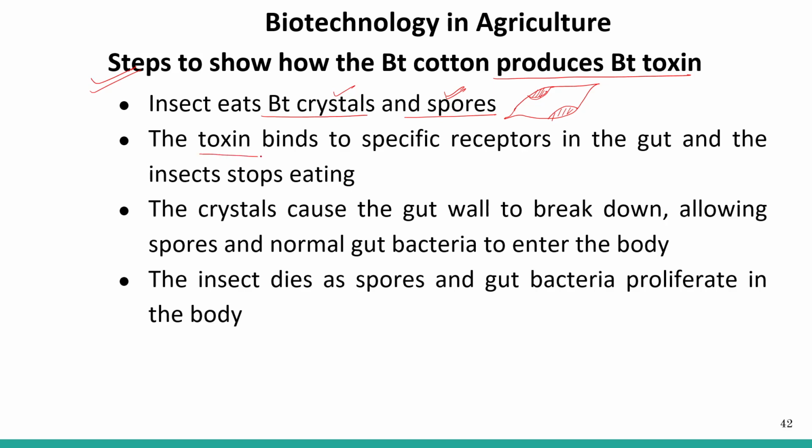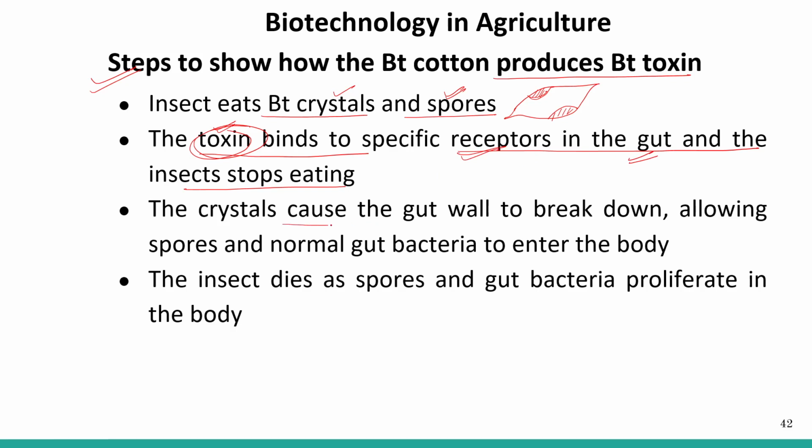Now the toxin binds to the specific receptor in the gut and the insect stops eating. Now what happened? This particular toxin binds to the receptors that are present inside the lining of the gut.